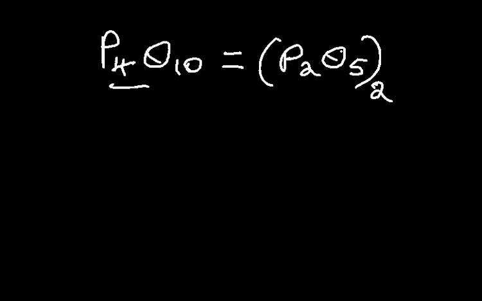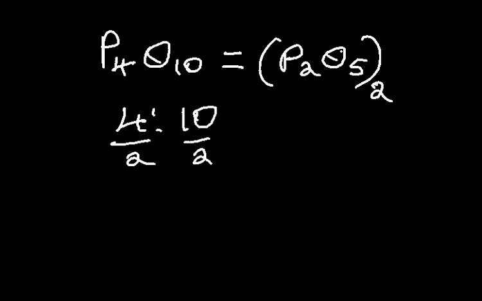What is the simplest ratio for this? The ratio is 4 to 10. What is the common factor for this? We have 2 and also 2 here, and that corresponds to 2 to 5.